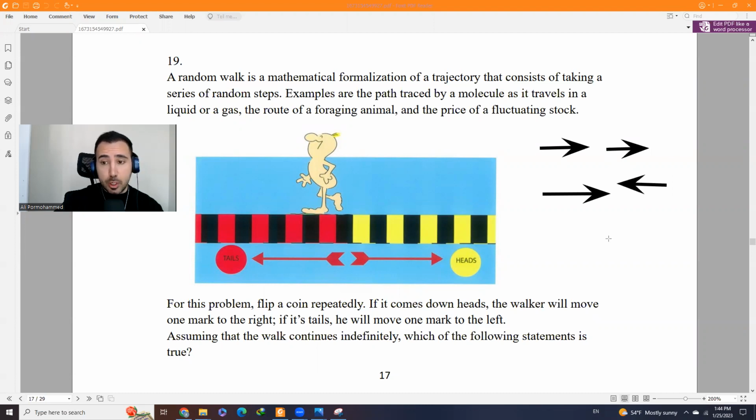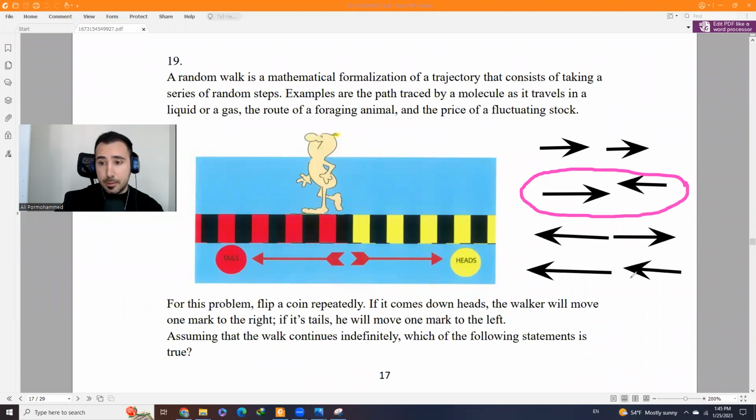We could go left and then right. We could go left and left. See, we have 4 options and 2 of them will go back. This one will go back. And this one will also go back. So 2 from 4, that's 50%, right? So if you have 2 moves, the answer would be 50%.